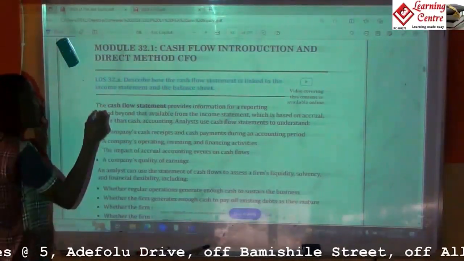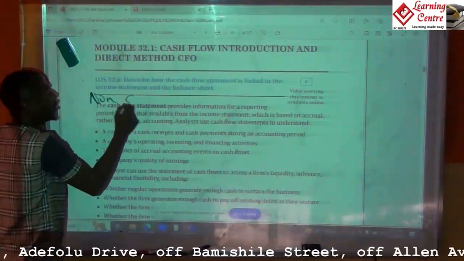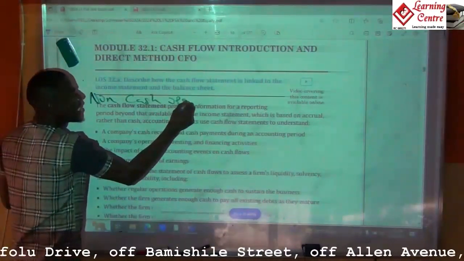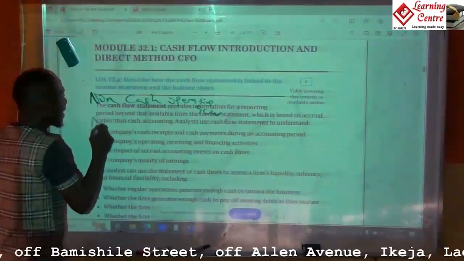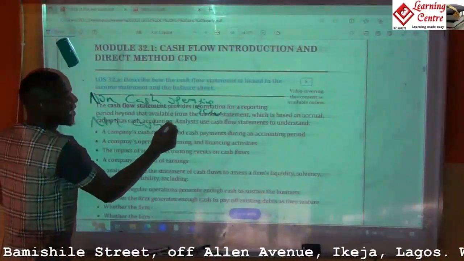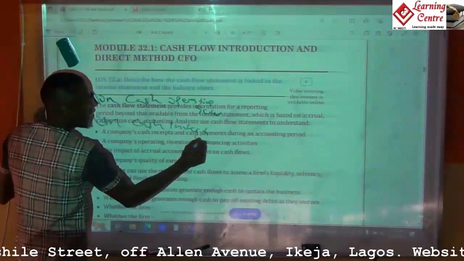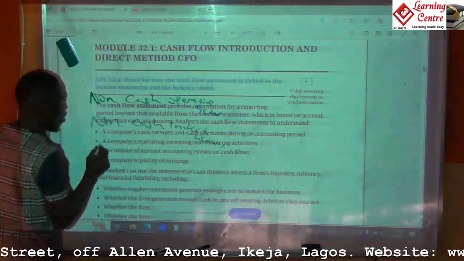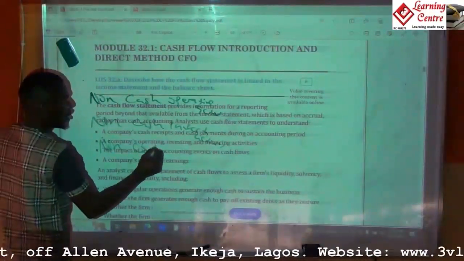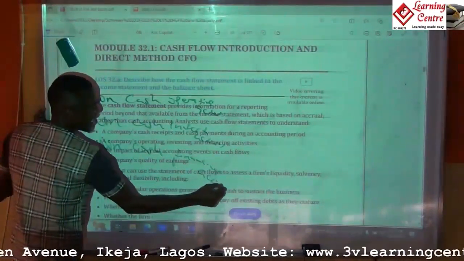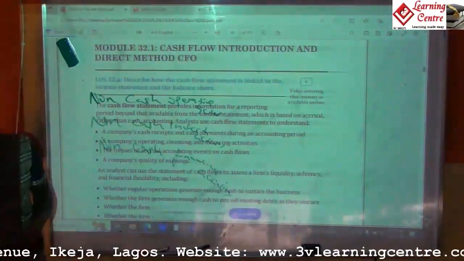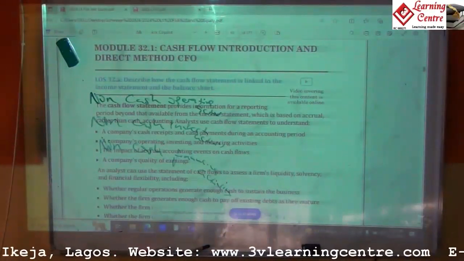So if we have non-cash operating activity, non-cash investing activity, or non-cash financing activity, how do we treat them? Let's start with the non-cash operating activity. How do we treat the non-cash operating activity?